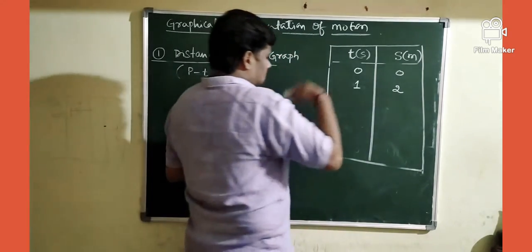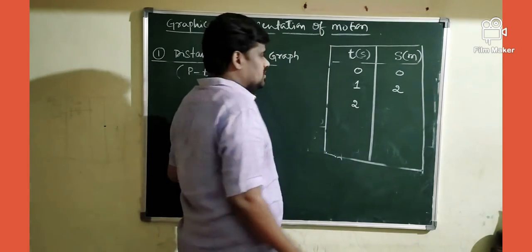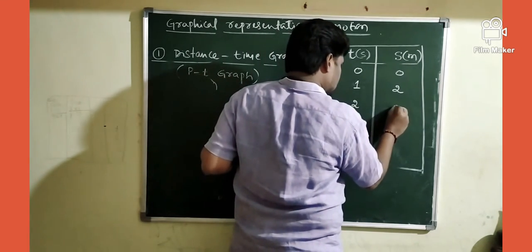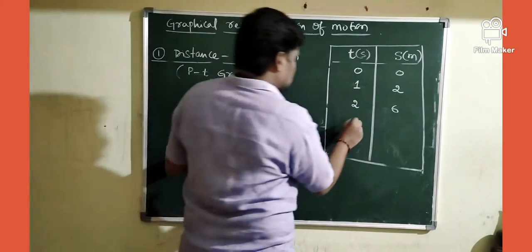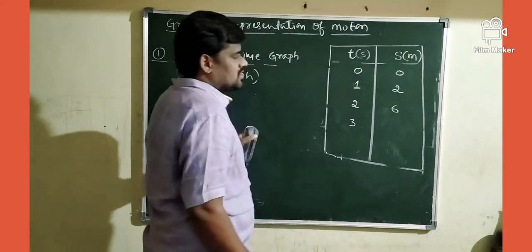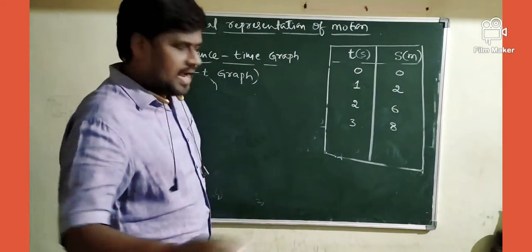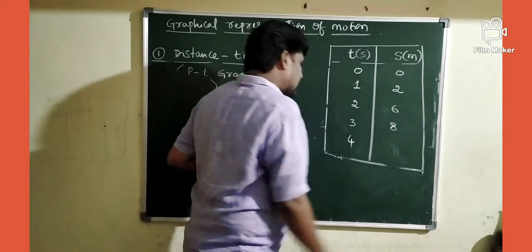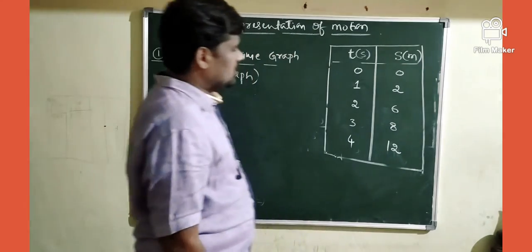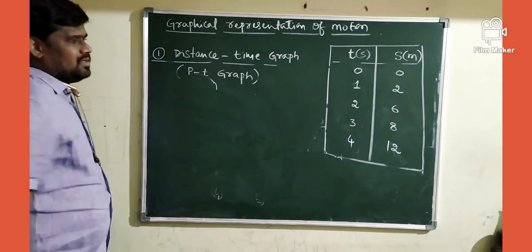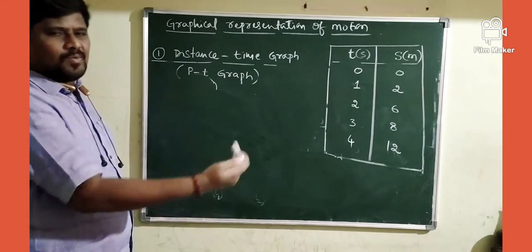At t equals 2 seconds, distance traveled by the body may be 6 meter. At t equals 3 seconds, 8 meter. And at t equals 4 seconds, the distance traveled may be 12 meter.